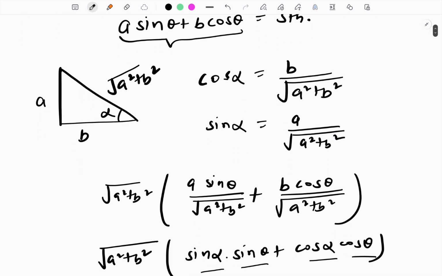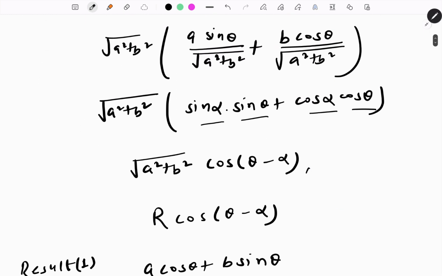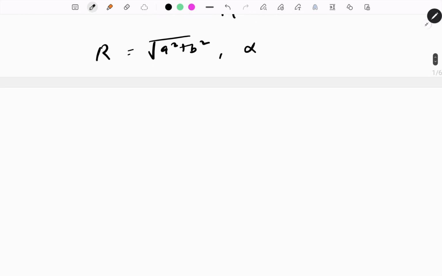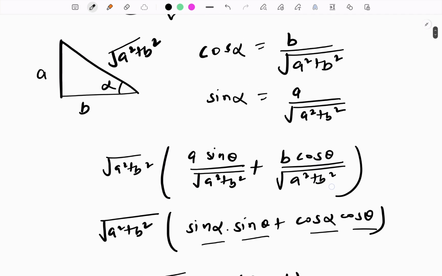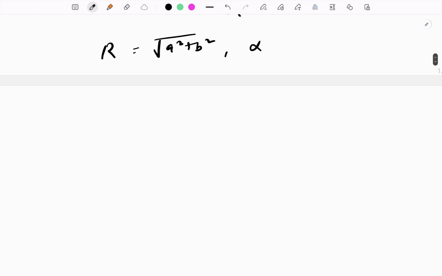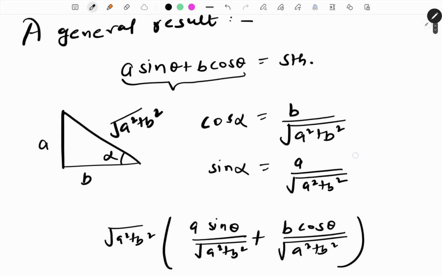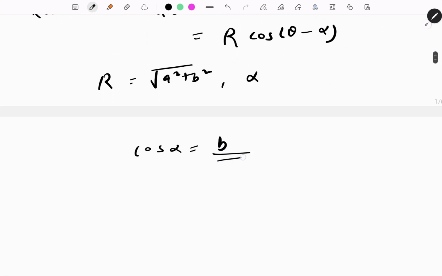So we were given cos alpha as b over root a square plus b square. Let me write it again for your convenience. Cos alpha was b over root a square plus b square and sin alpha was a over root a square plus b square.